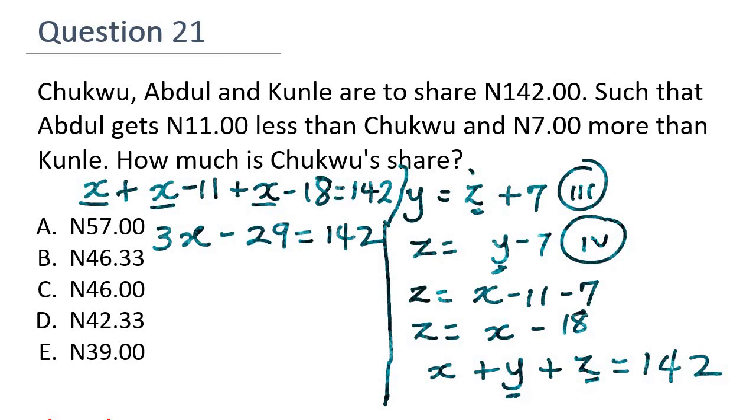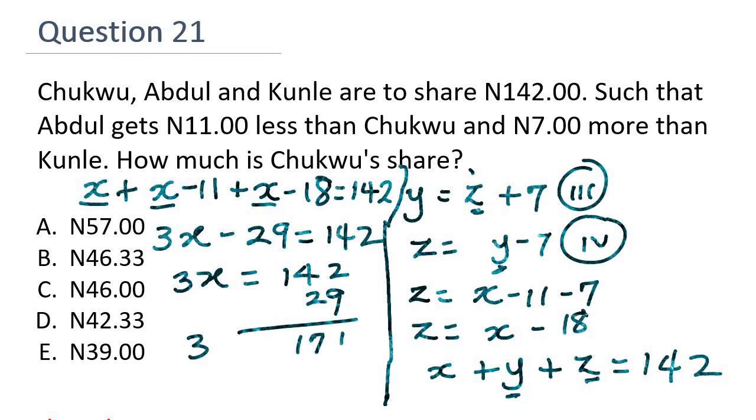Move minus 29 to the right. 3X, it becomes positive. Give me 142 plus 29, which is 171. So 3X will give me 171. To get the value of X, divide both sides by 3. 3 into 17, 5 remainder 2. 3 into 21 is 7. I know the value of X now.